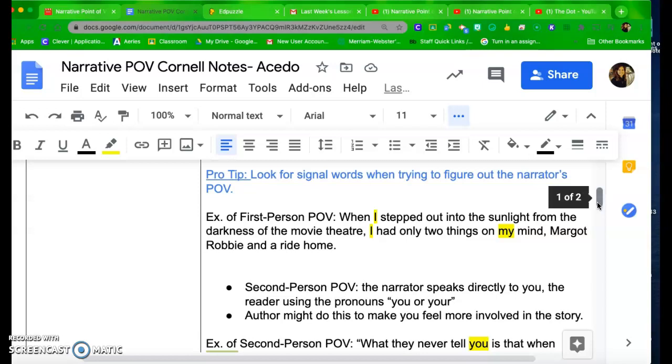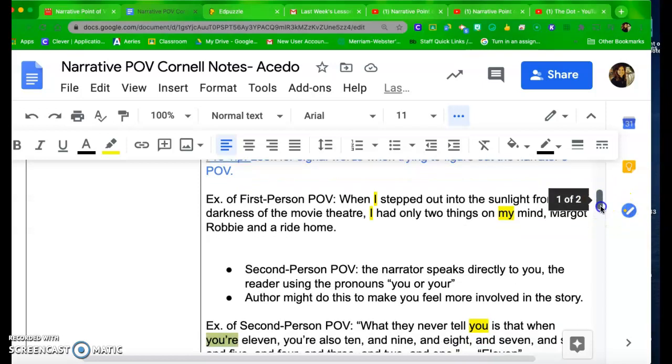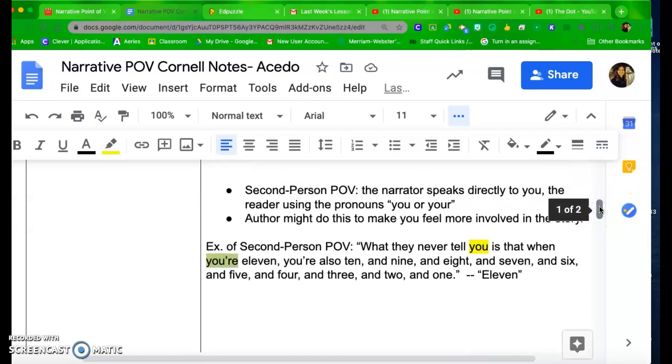In second-person point of view, the narrator is speaking directly to you. And it feels a little invasive. You're like, whoa, I'm being spoken to directly. This is weird. And the author's doing that on purpose. Another time when I have noticed second-person point of view being used is in the short story The Tell-Tale Heart by Edgar Allan Poe.